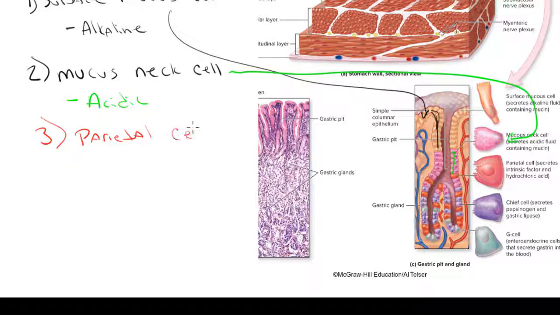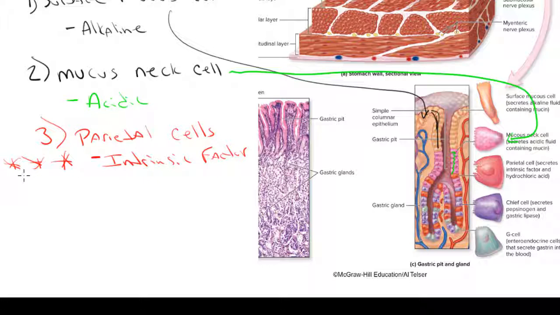Parietal cells. And there are actually 2 different secretions. One is intrinsic factor, and I am putting an asterisk on that one.